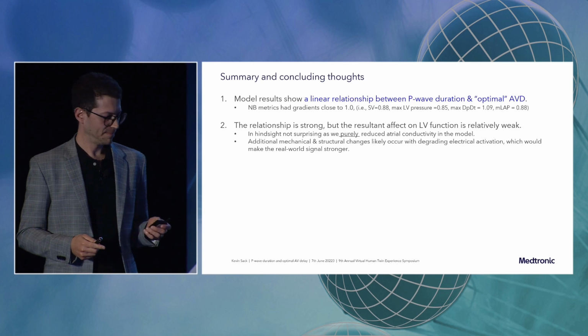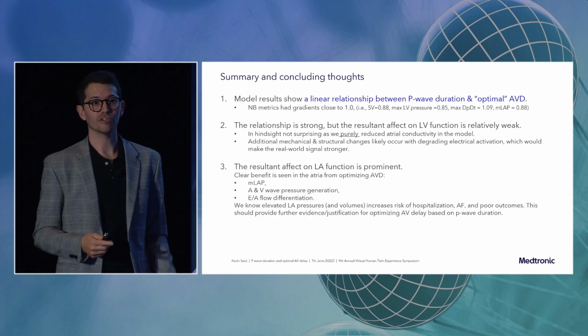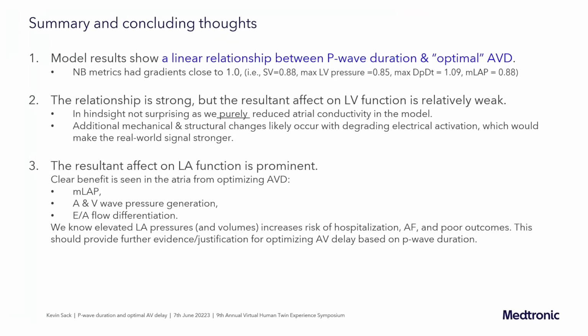We did see that the resultant effect on the atria was strong right from the start. So even though the LV hemodynamic signal is there but the amplitude is weak, what we see in the atria is a strong signal and a strong amplitude for both, which strongly motivates that patients could benefit from this.